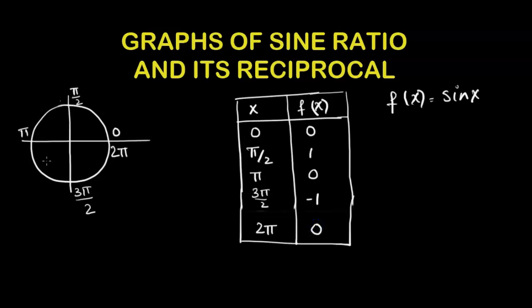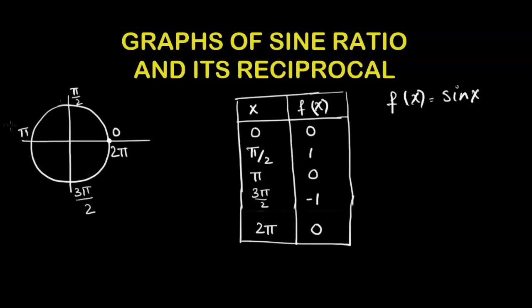We know sine represents the y values of the coordinates. So if we are at the 0 mark, where the point is here, then x is 1, y is 0. That's why sine 0 is 0. Here x is 0, y is 1. That's why sine pi by 2 is 1, because what we are discussing is the unit circle.